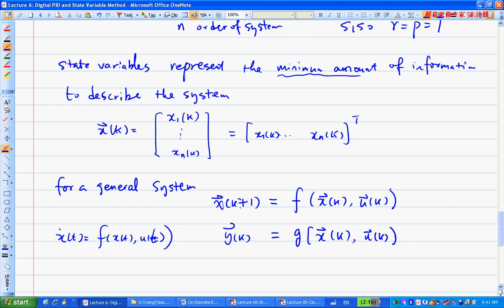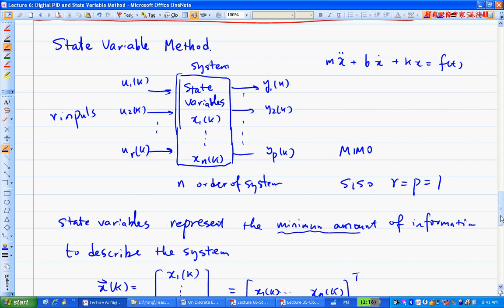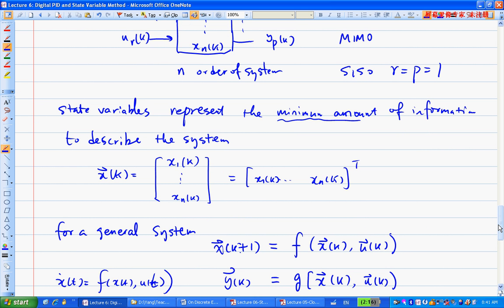Is u a vector? Yes, because our input could be multiple inputs. So let me write it down here: u up to r, so there are r number of inputs here.